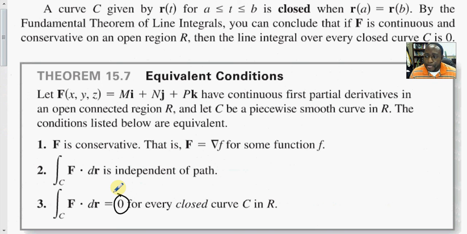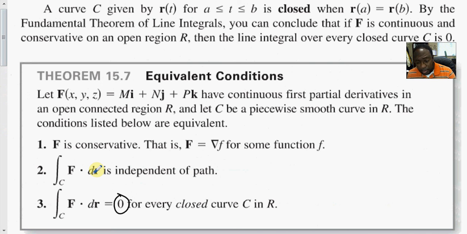But anyway, all humor aside, I wanted to look at theorem 15.7 as a conclusion of this section, where the conditions are said to be equivalent. The key to all of them is the vector field being conservative.